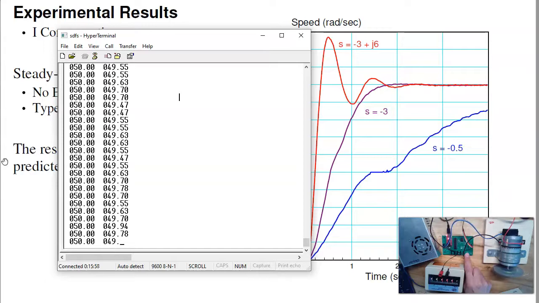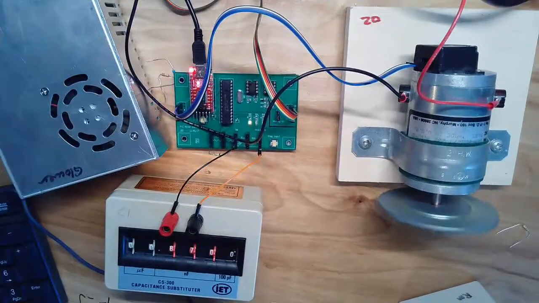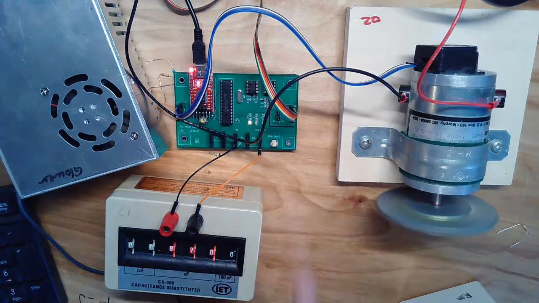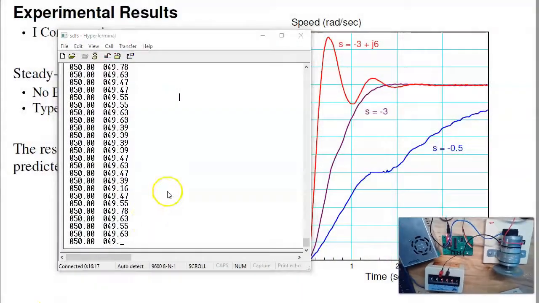Briefly it went too high. That's what you see in the red line. And if you look at it, I'm not sure you can see this or not, there is some overshoot in the speed. So again, root locus is predicting the response.